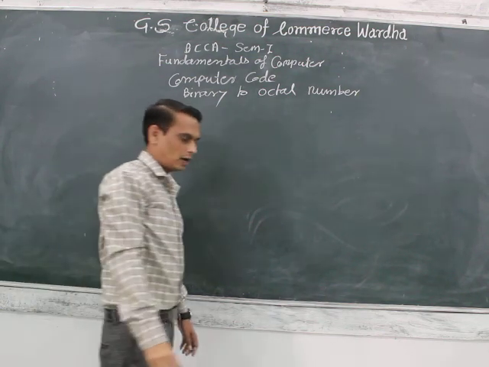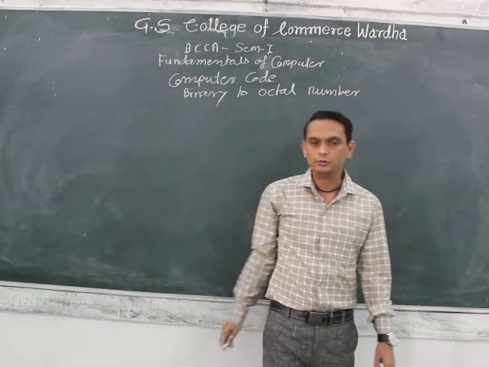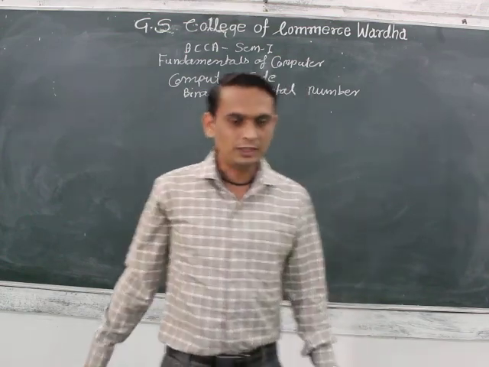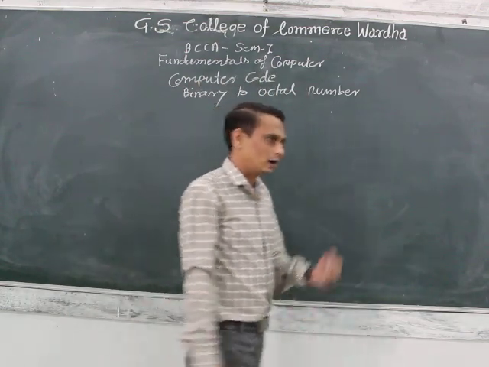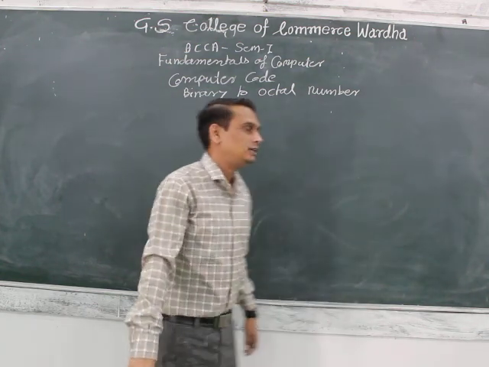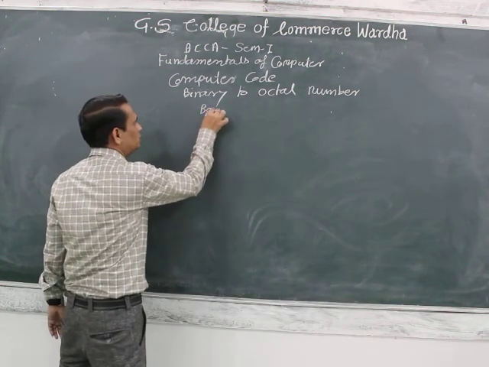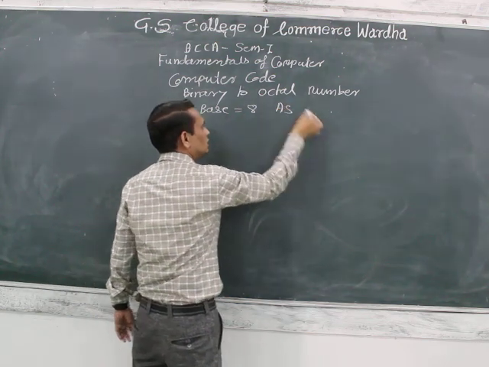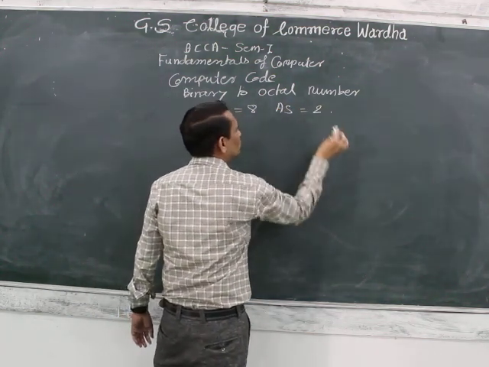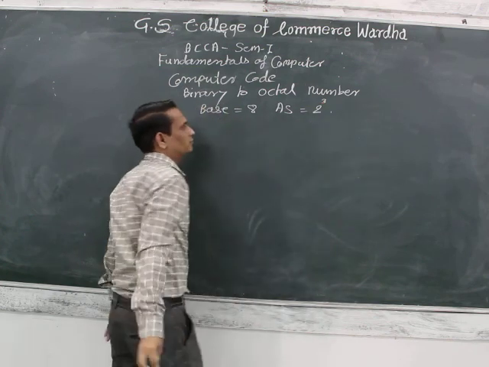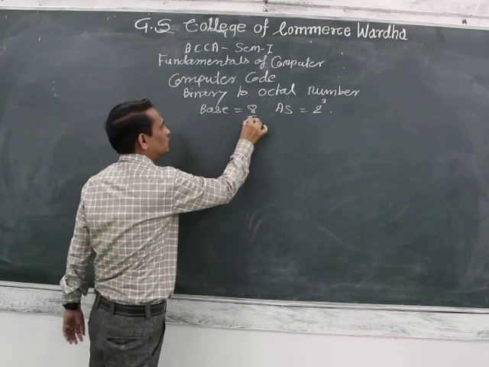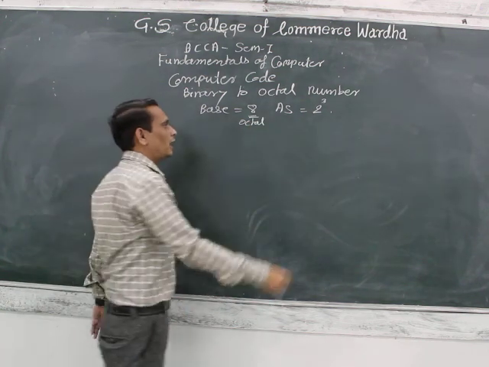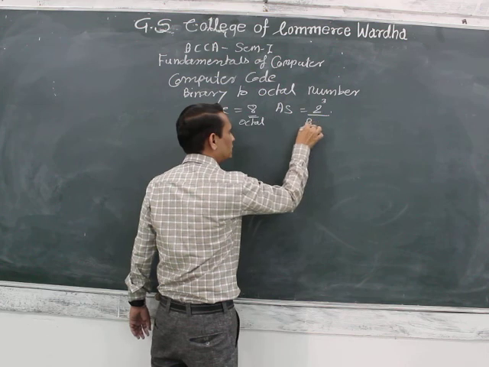Binary number has a base value of 2. Octal number has a base value of 8. Means when we represent an octal number, it has a base value 8, which is 2 raised to power 3. 8 is the base of octal number and 2 is the base of binary number.